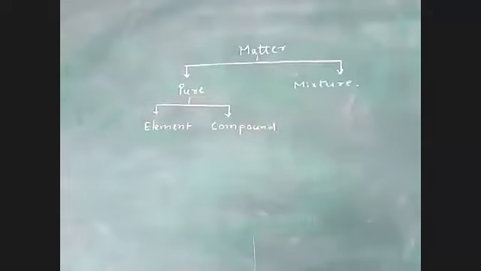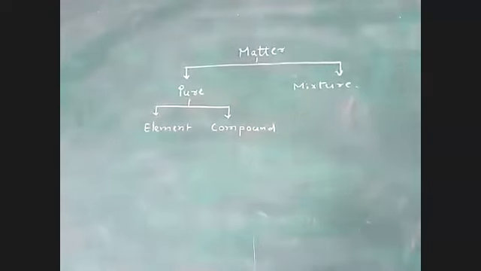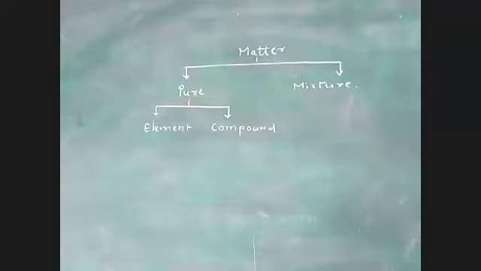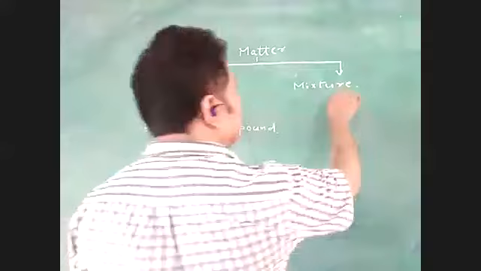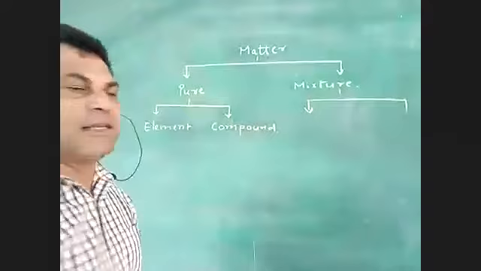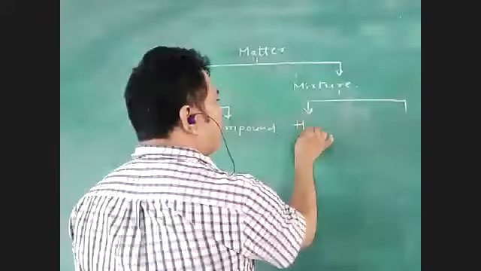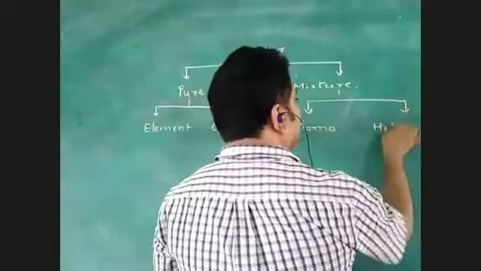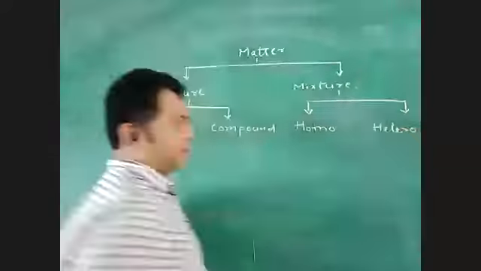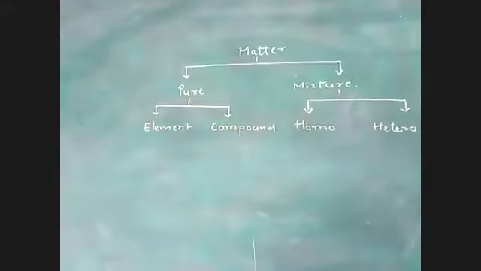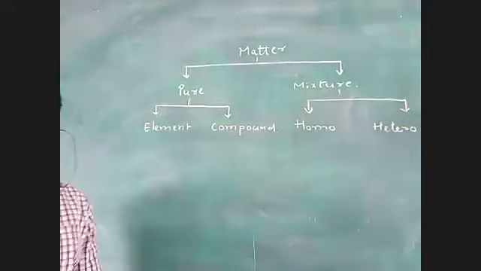And if we talk about the impure, that is the mixture, then mixture can be divided furthermore into two categories. This is nothing but the homogeneous mixture and the heterogeneous mixture. So mainly this is the category of our matter.